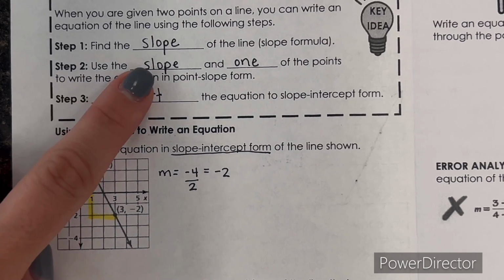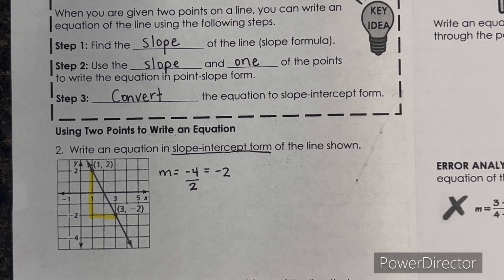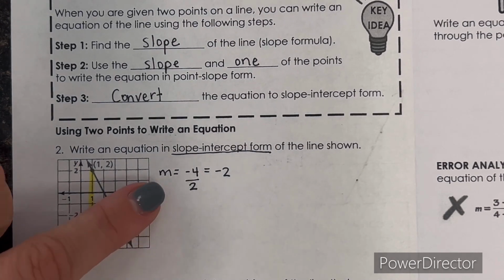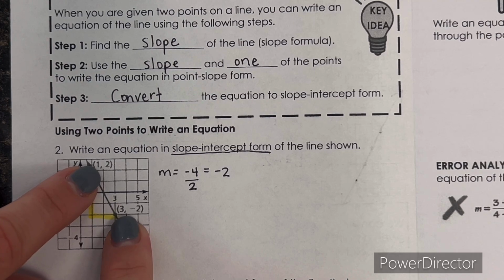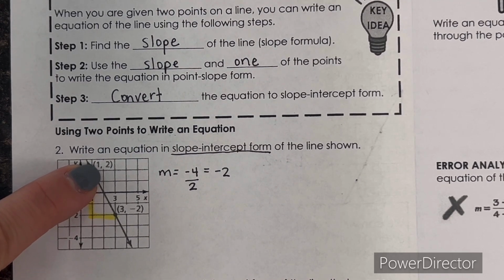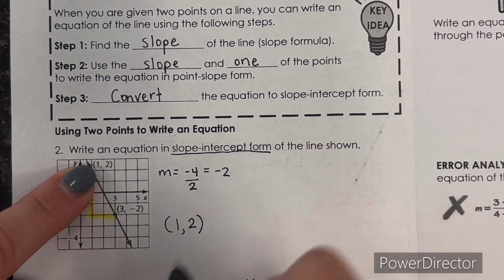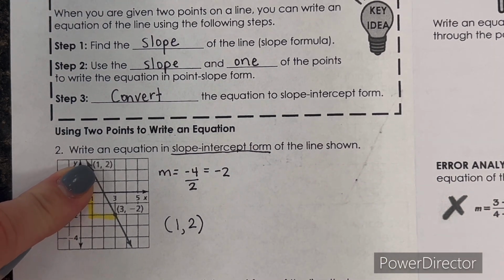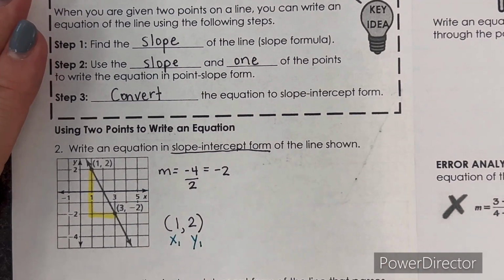Step number 2 says use the slope and one of the ordered pairs and plug it into point slope formula. So this is my m value. These are the 2 ordered pairs that I have just conveniently given to me. My advice on this is to pick the one that you think would be the easiest one. That's typically one with smaller numbers, maybe positive numbers. And so here's what I'm going to do. We're going to use the ordered pair (1, 2). And I'm going to go ahead and label that ordered pair as x1, y1.